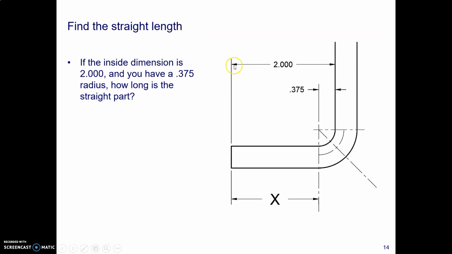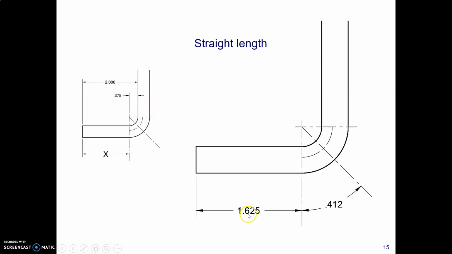Now, if that inside length is 2 inches, how do we get to the straight part? Well, the inside length is 2 inches, but we have a 3/8 radius, that's the curvy part, so this straight part must be 2 minus 3/8, that will give us x, and 2 minus 3/8 is 1 5/8.